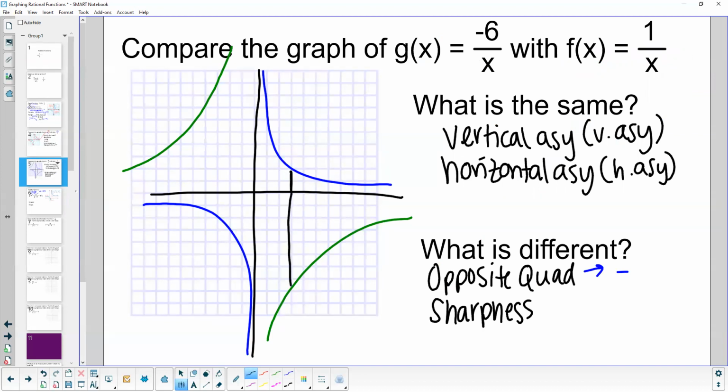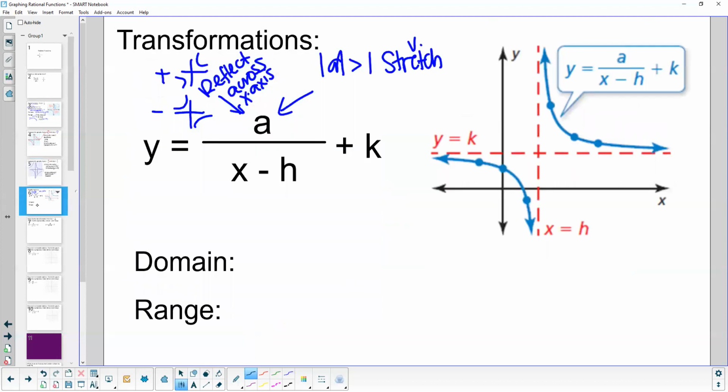Because that distance is changed, it's stretched away. That's called our vertical stretch. Now, when our absolute value of a is between 0 and 1, so you see a 1/3, a -2/7, things like that, what we get is a vertical shrink. And that vertical shrink causes it to get closer to the x-axis.